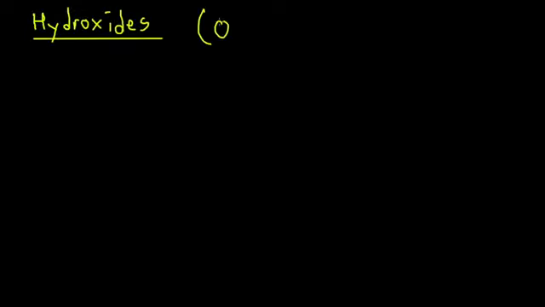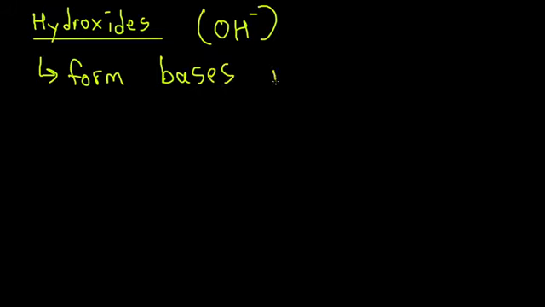Next, let's talk about hydroxides. And I mean, hydroxides is the OH minus. We've already discussed this in multiple formats. So hydroxides are essentially going to be forming bases. They form bases when they react with metals.